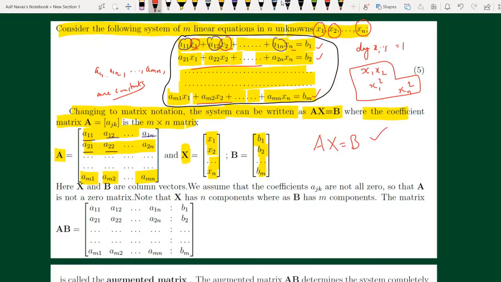Now an important matrix is the augmented matrix. We can write the augmented matrix AB like this: the matrix A with entries a11, a12, etc., amn, and then we write the column vector b next to it. This matrix is called the augmented matrix.